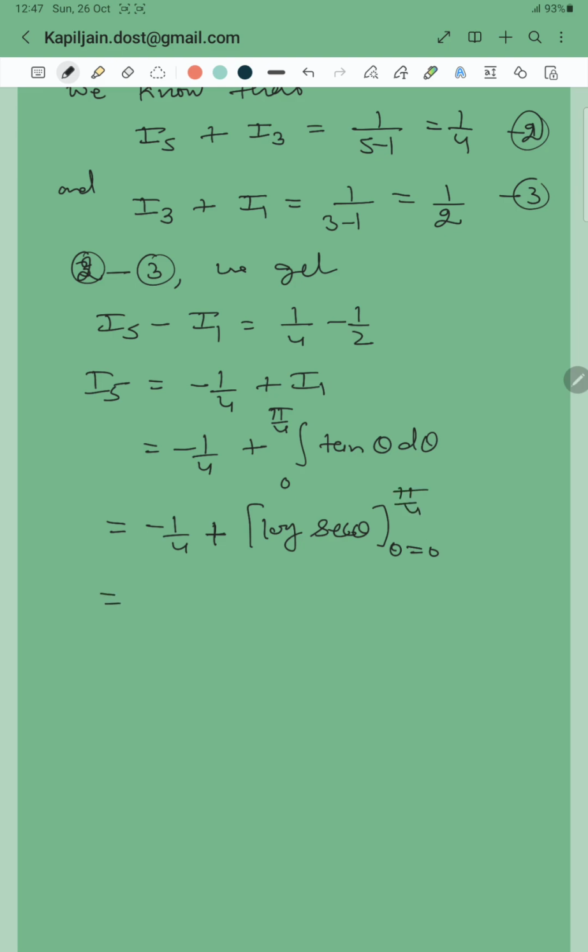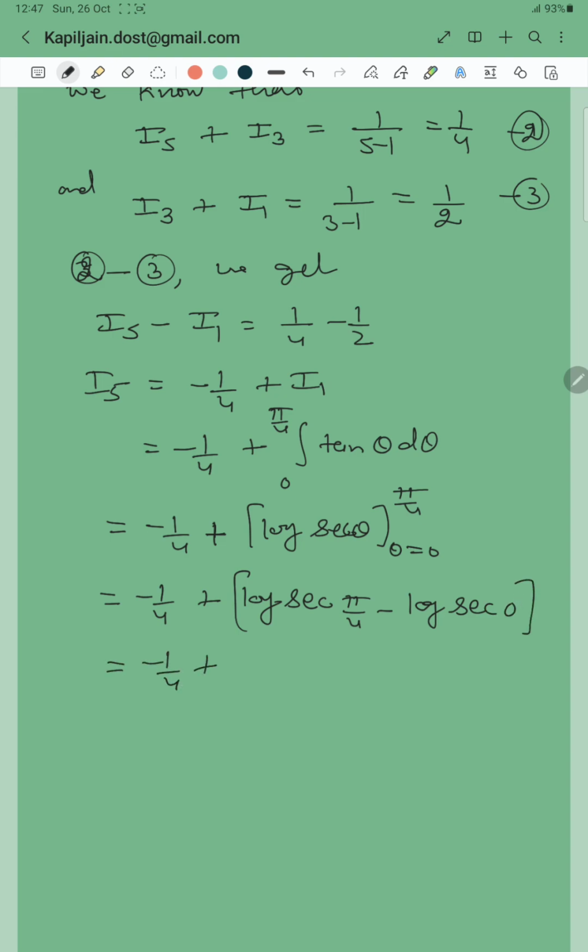So by putting upper limit minus lower limit, minus 1 by 4 plus log of secant pi by 4 minus log secant 0.